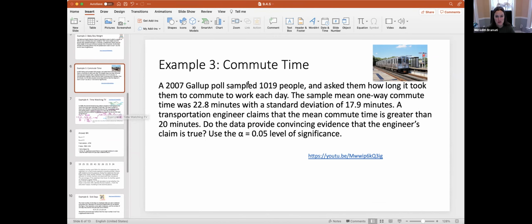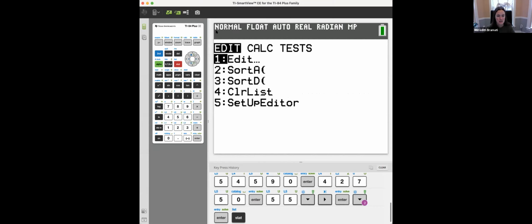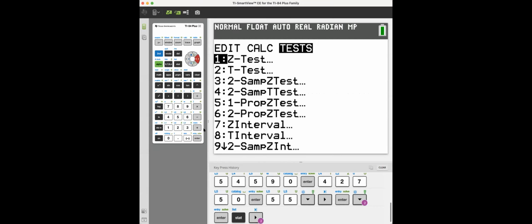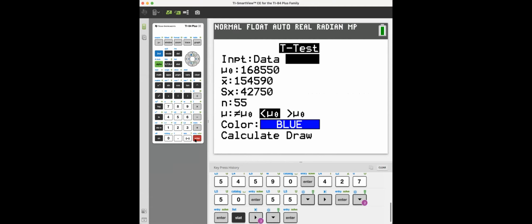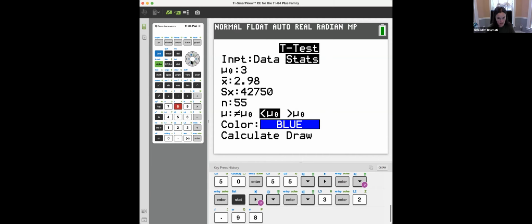I am going to show you how to do this one in the calculator so you can follow along with me. So we go to stat and we go to tests. And again, this is a t-test, and we have stats again. Our value from the hypothesis was 3. Our sample mean was 2.98. Our sample standard deviation was 2.66.